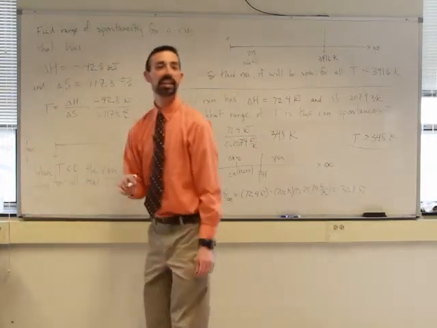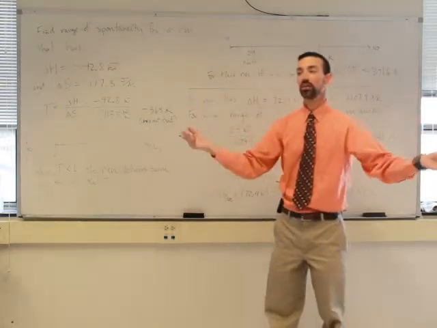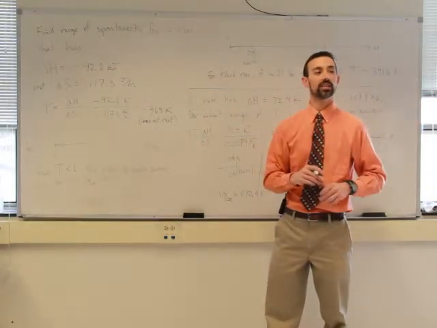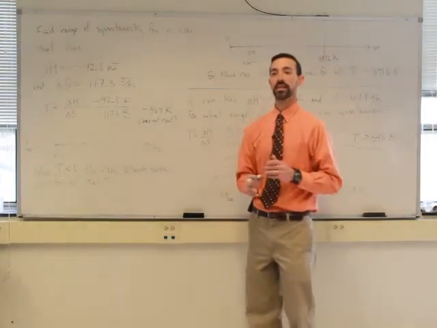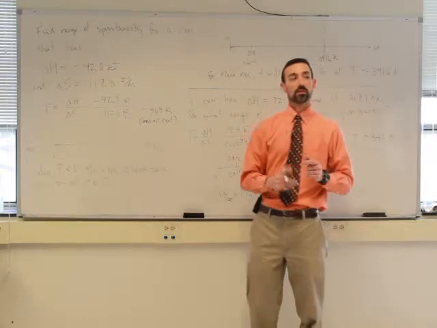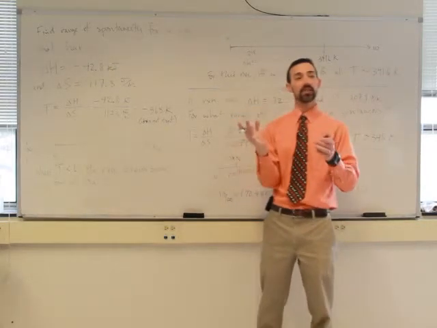So now we need a test. We just need to test any one real temperature to figure out whether this reaction is either always spontaneous or never spontaneous. You might not even need to do that if you were paying attention to my comparative method earlier, though.